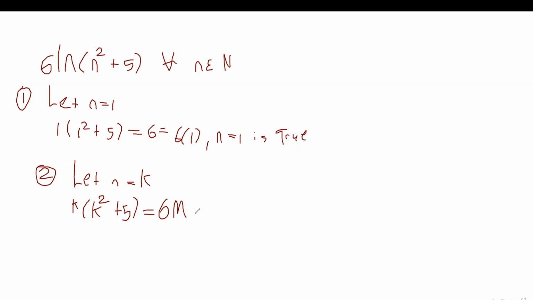Use up your letter, don't put x, everybody is going to use x. We're going to tell them where m is an integer, and that we assume n equal k is true. Cool so far, Marika? Yes, sir.